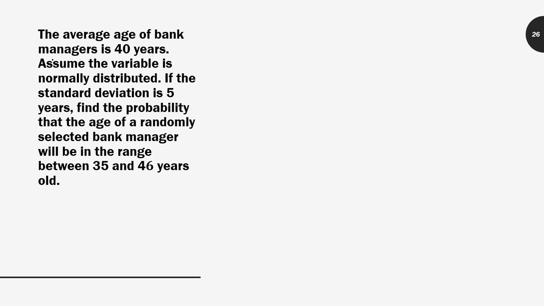Okay? So, gaya nga ng sabi ko sa inyo kanina, unang-una natin gagawin is to list down all the given. So, si X, si mean, tsaka si standard deviation. Okay, yung standard deviation, ang sabi dito mga anak, 5 years. So, that would be 5. And the average or the mean will be 40 years. So, 40 po ilalagay natin dito.